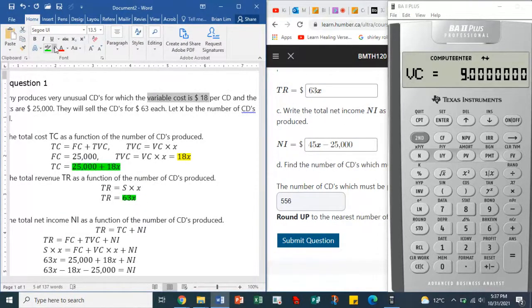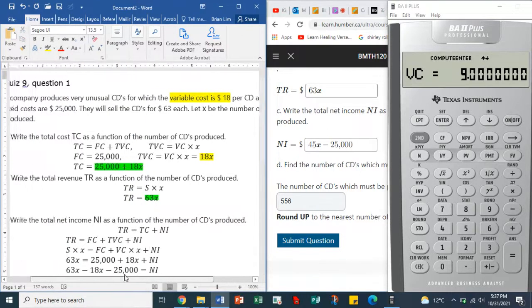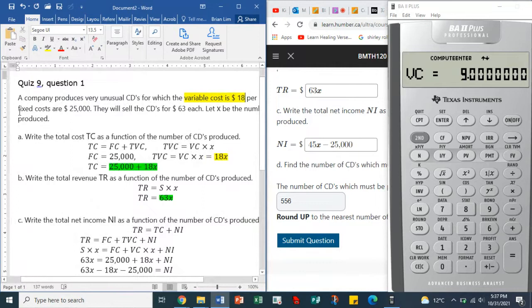We can highlight that, and also highlight that fixed costs are 25,000 right here. So you remember that. And then they sell, that's the selling price, for $63 each.